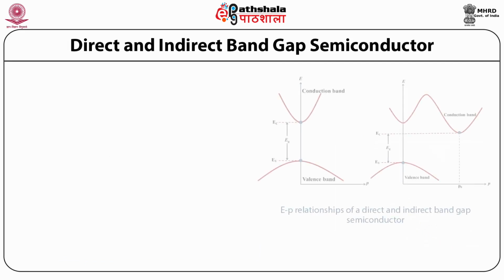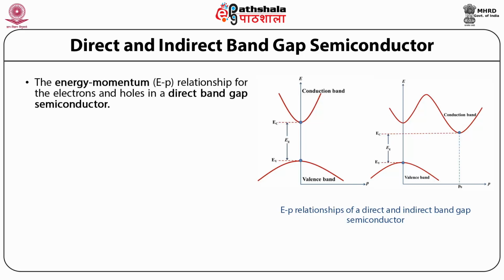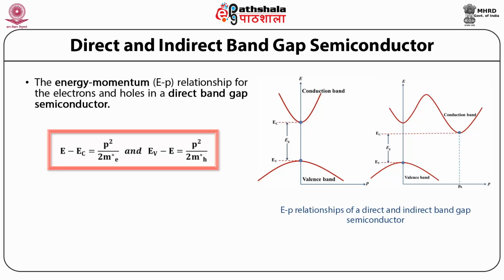So students, let us discuss the direct and the indirect bandgap semiconductors. The energy-momentum relationship for the electrons and the holes in a direct bandgap semiconductor, which we have already discussed previously, is E minus EC is equal to P square by 2 m e star, and EV minus E is equal to P square by 2 m h star.